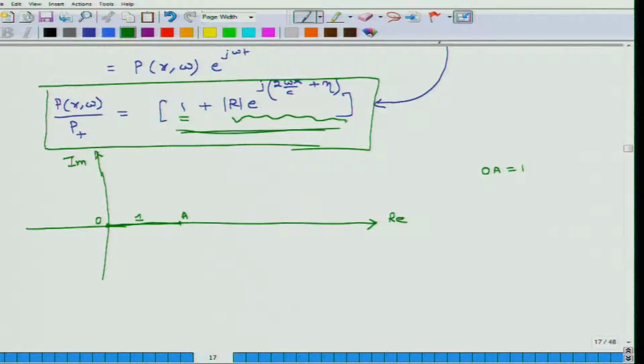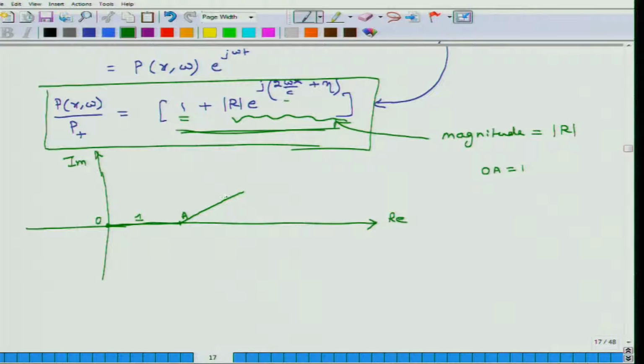The magnitude of this term is modulus of R, because the magnitude of exponent j 2 omega x over c plus eta is 1. Okay. So the magnitude of this term is same as modulus of R, and the phase or the angle of this is some theta.